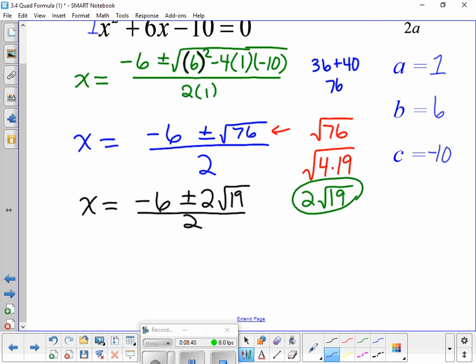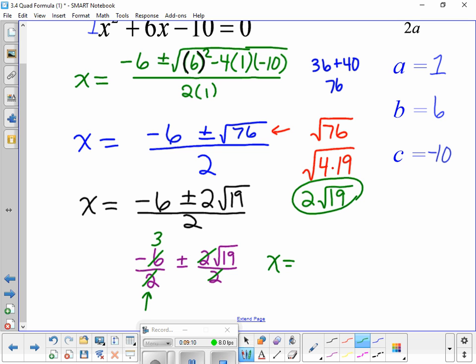Remember, when you have a denominator like this, it's the same as having that divided by 2 with both parts. So I'm going to separate that for a minute to show you that I could reduce this term right here by a factor of 2. If I cancel a factor of 2, this is going to be a negative 3. And then this factor of 2 would also reduce.